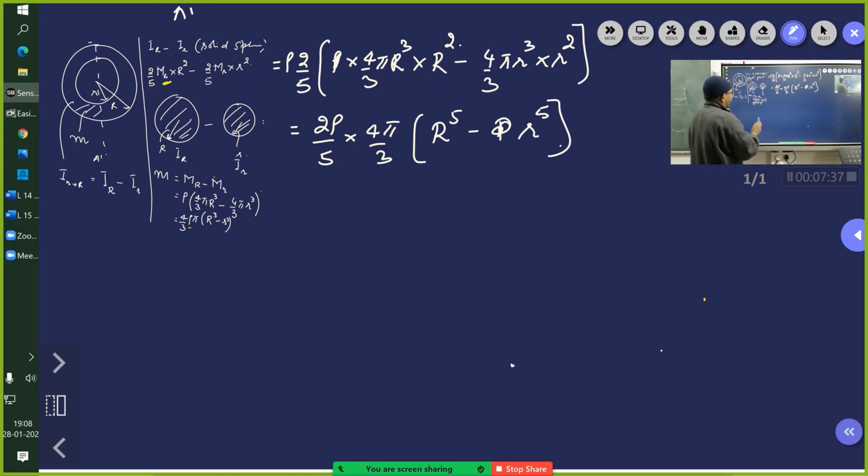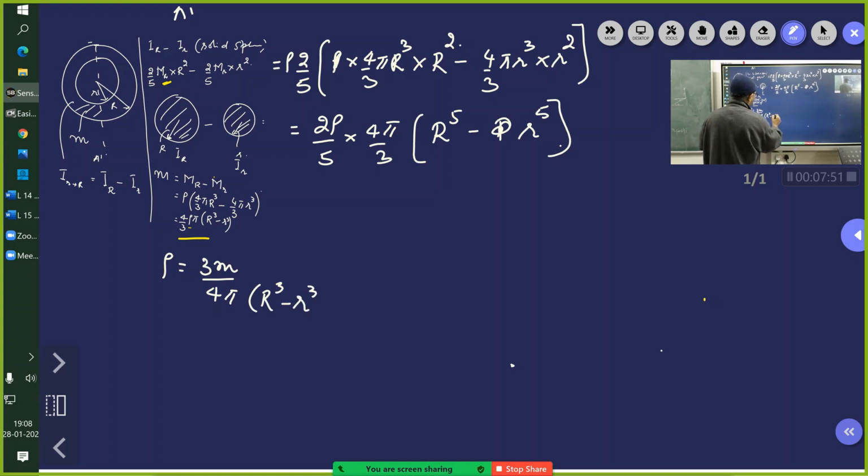Now from this I can substitute for rho. So rho is equal to 3M by 4 pi into R cube minus r cube. I just substitute that here.